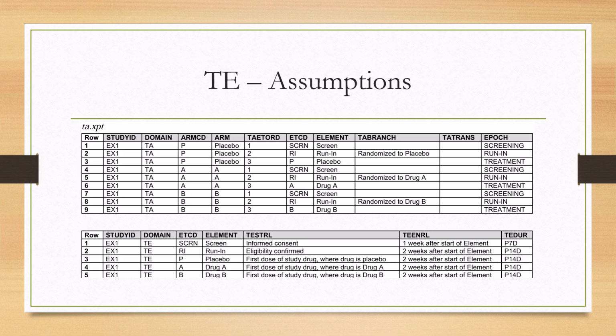Instead, we are defining it based on the treatment: when the subject is given the study drug placebo, the first dose of that study drug is the start of this particular element. And since we are giving the first dose of study drug, we are defining the start of the treatment epoch, but we have not mentioned anything related to the epoch here either. So make sure that when we define these rules in the trial elements, they are independent of the epoch and the arm.